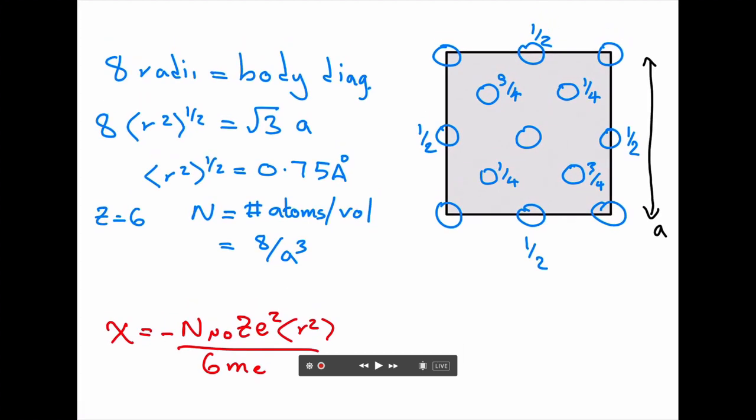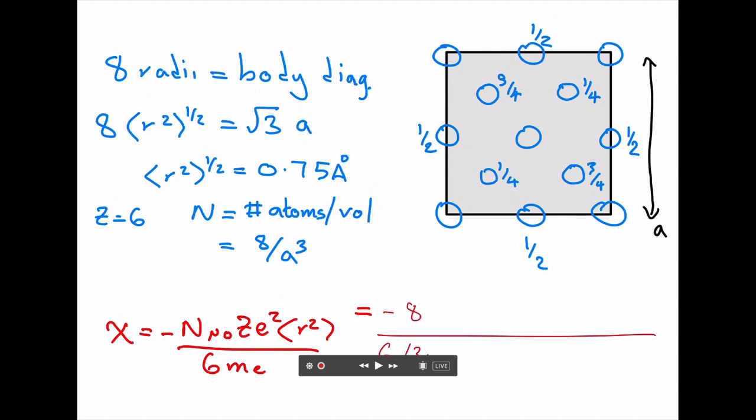So this is going to be equal to, what have I got? Minus 8 on the top. On the bottom, I've got a 6. I've got my A cubed.